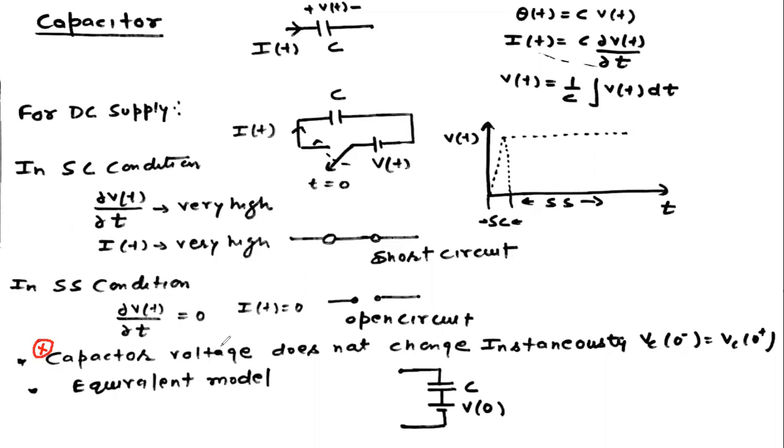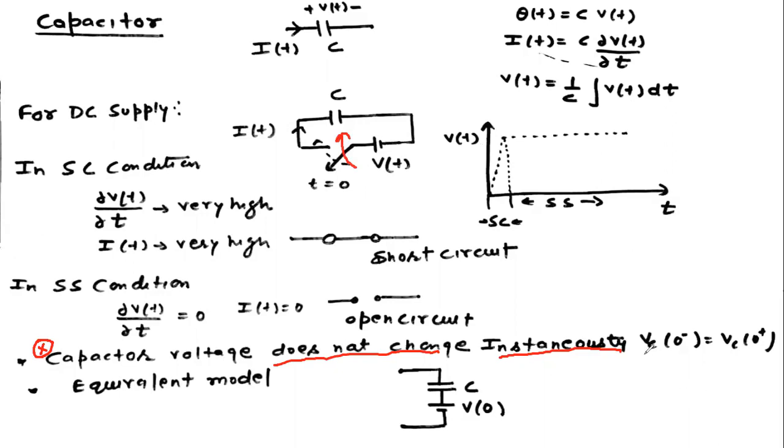Capacitor voltage does not change instantaneously. What is the meaning of this? If we are changing the switching condition, moving the switch from one condition to another, then the capacitor voltage remains constant in the switching condition. Here we have shown the switch moved at t equal to 0.